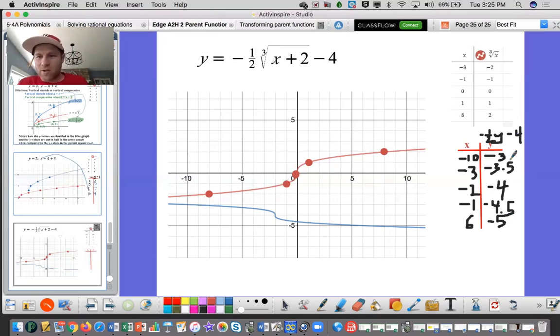Okay, so if we go ahead and plot all these on this graph, we're going to see that it was flipped across the x-axis because of the negative in front of the 1/2, and they're also compressed by 1/2.